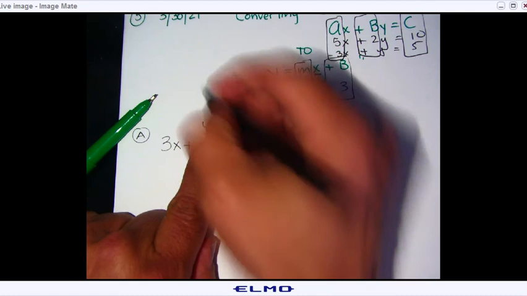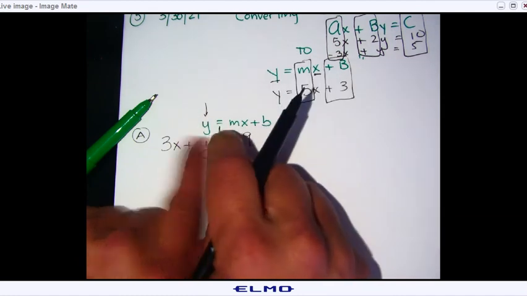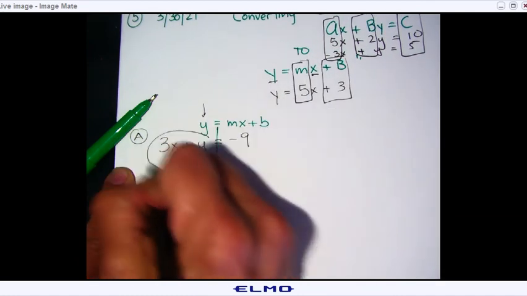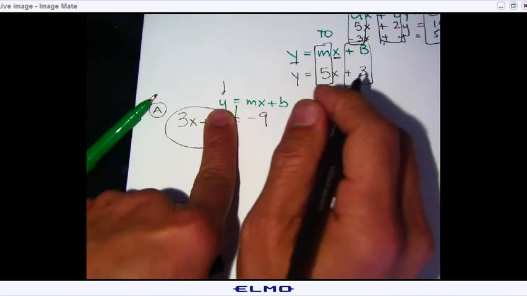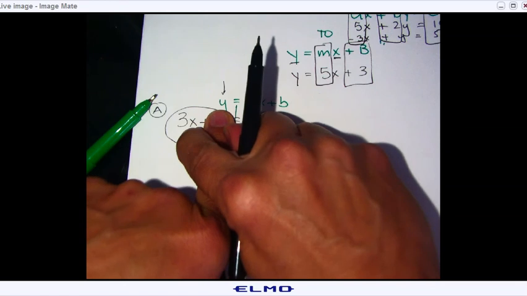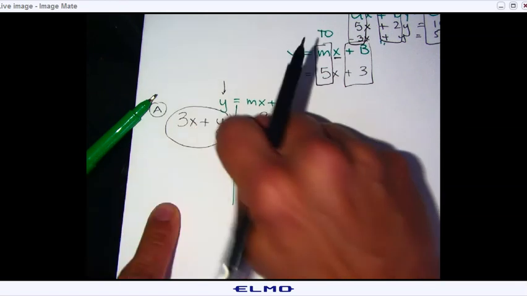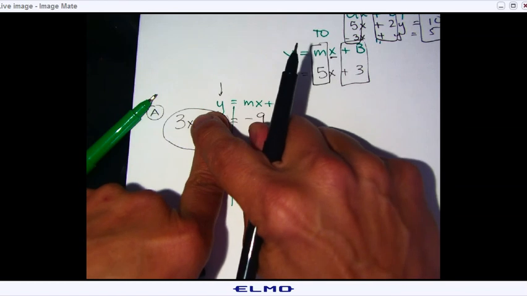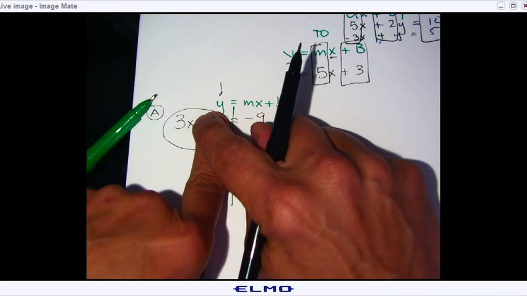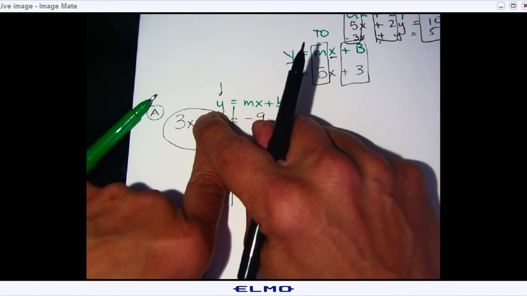So if you notice, I want to solve for y. However, if I want to solve for y, what's in the way? The 3x. Here's the bubble. I want y. Get out, 3x. What do I do? Well, make yourself a 0.